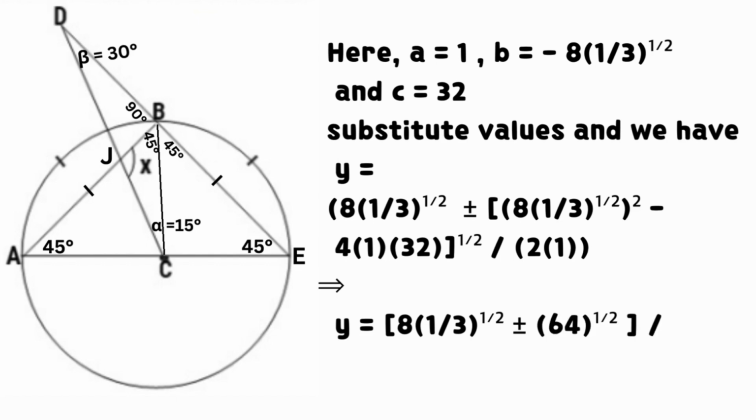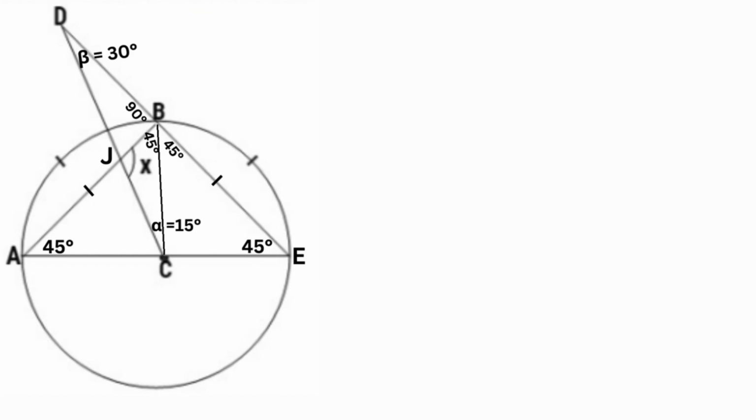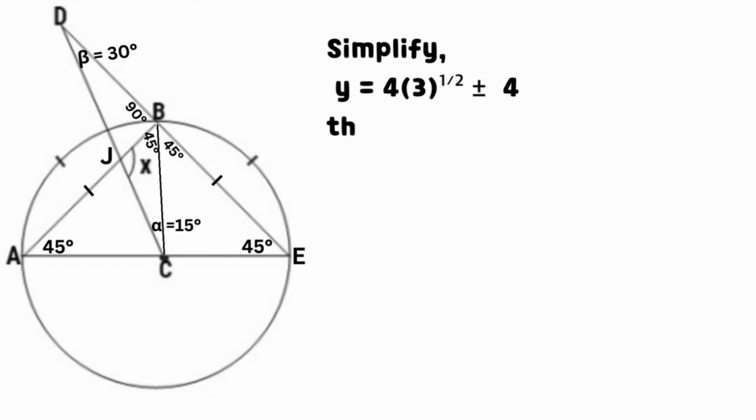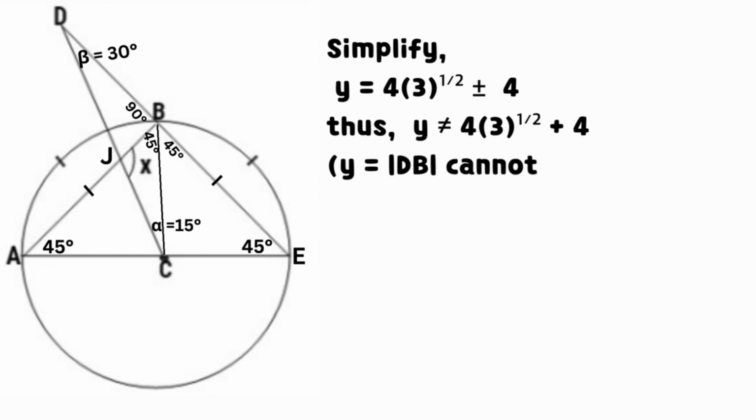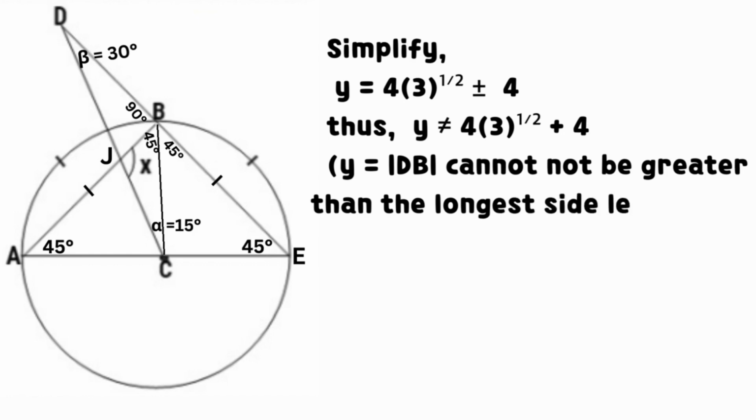Substitute values and we have that y equals 8 times the square root of 3 plus or minus the square root of 64 all divided by 2. Simplify, and we have the result shown on the screen.